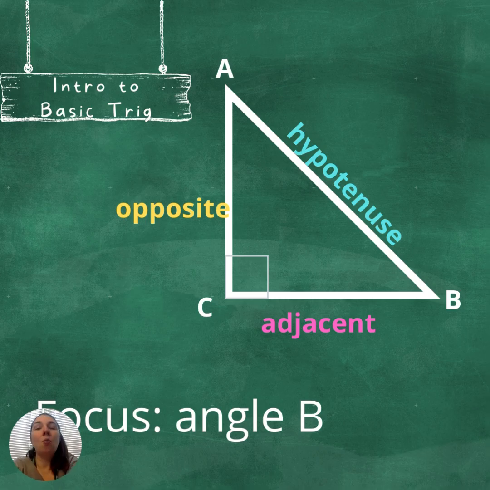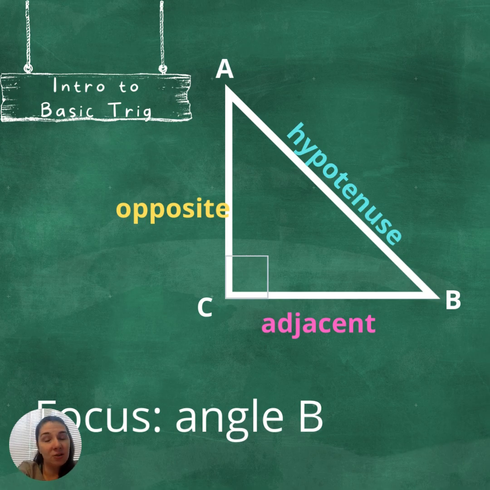Okay, so when you're dealing with opposite and adjacent sides, really your focus is on one of the acute angles. You know that the side opposite the right angle will always be the hypotenuse. So when they ask you for opposite and adjacent sides, it will never be the hypotenuse. It'll always be the legs of the right triangle.